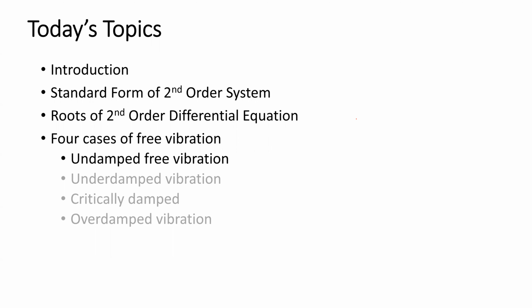And for a single degree of freedom system, when we have a spring, a mass, and a damper in the system, this simple system is going to have an equation of motion that depends on whether we have an external force applied or not.